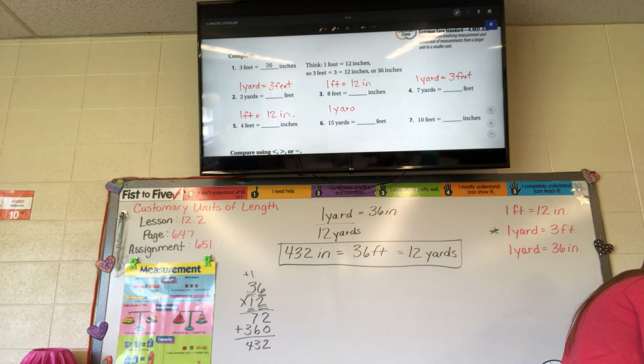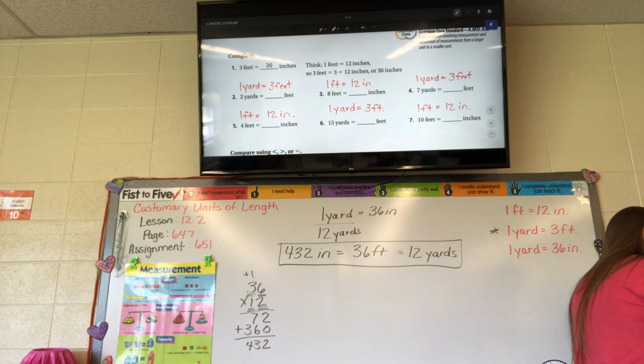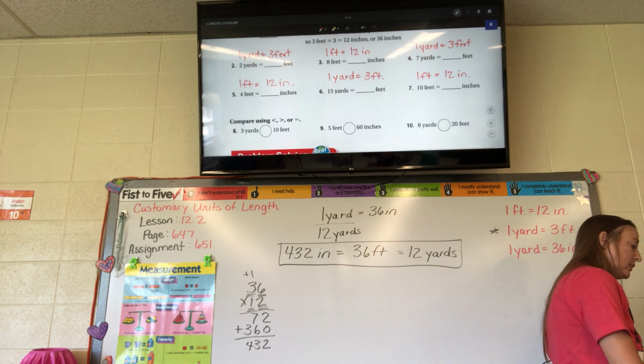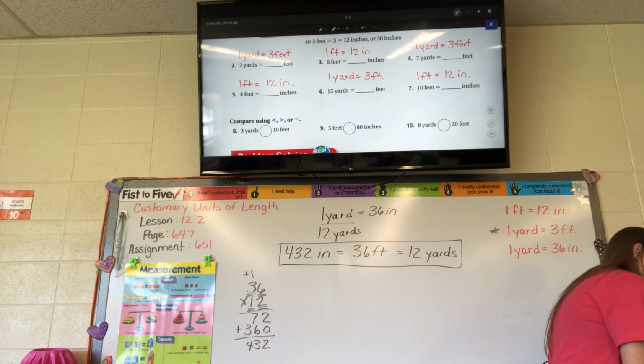1 yard equals 3 feet. 1 foot equals 12 inches. And then over here, let's see, 3 yards. So 3 yards is the same as how many feet?